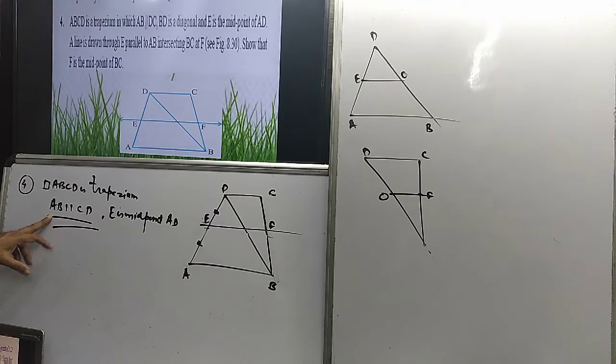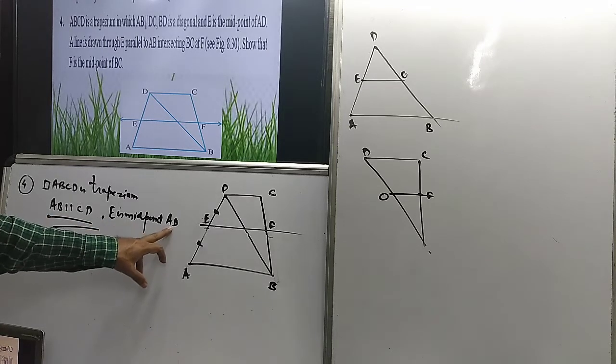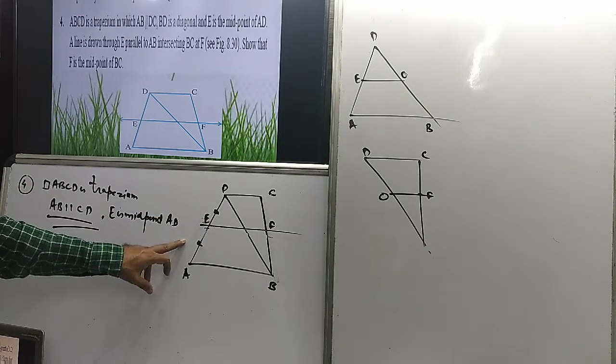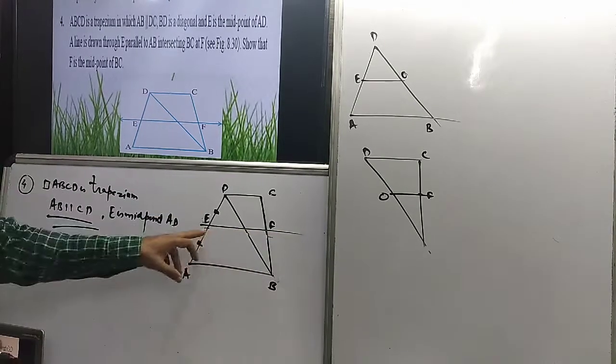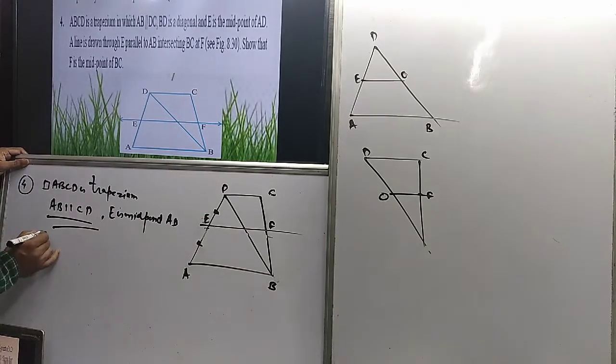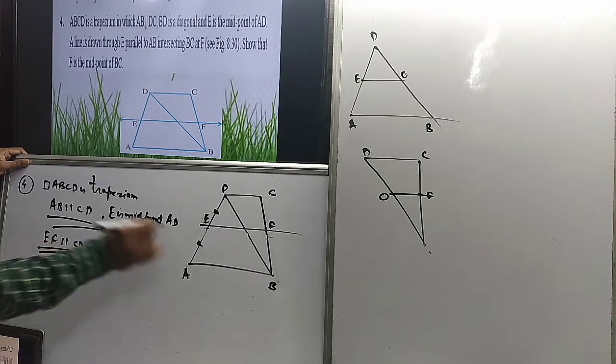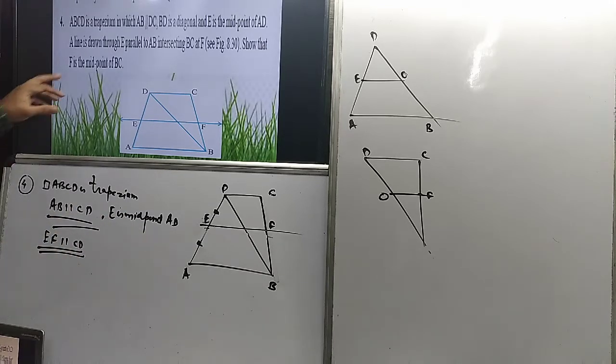E is the midpoint of side AD, and a line EF is drawn parallel to CD, or parallel to AB. That is what is given.